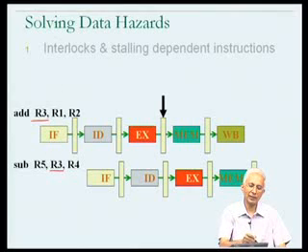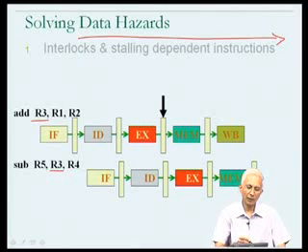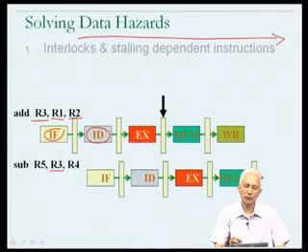Here once again we're showing the timeline progressing in this direction. Okay, now the add instruction is fetched in the IF. It is decoded in ID. In other words, it reads its operands R1 and R2 in ID, and it does the addition of the values in the EX stage.